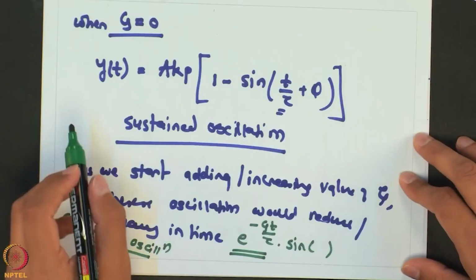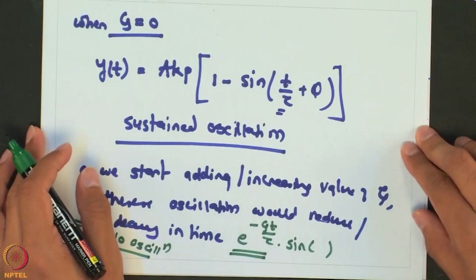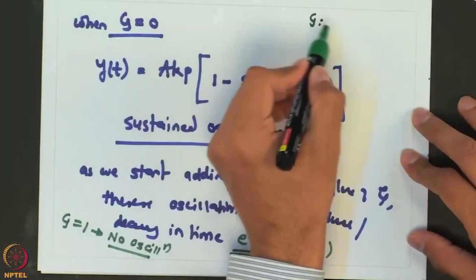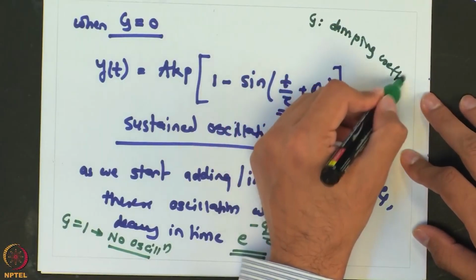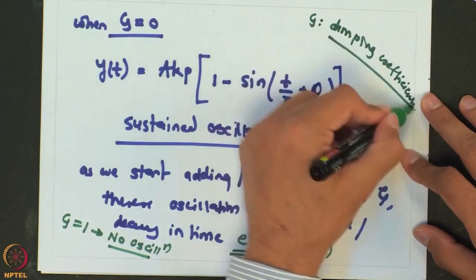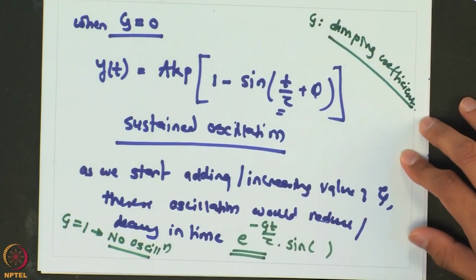So, as we increase the value of this parameter zeta, we are going to dampen the oscillations. That is why this zeta is also known as the damping coefficient. It is damping the oscillations, and that is the genesis of this name.